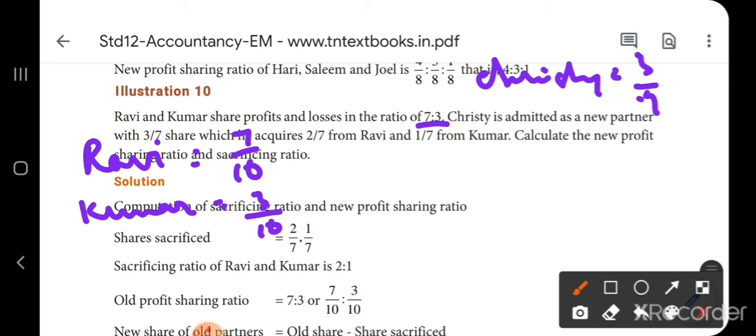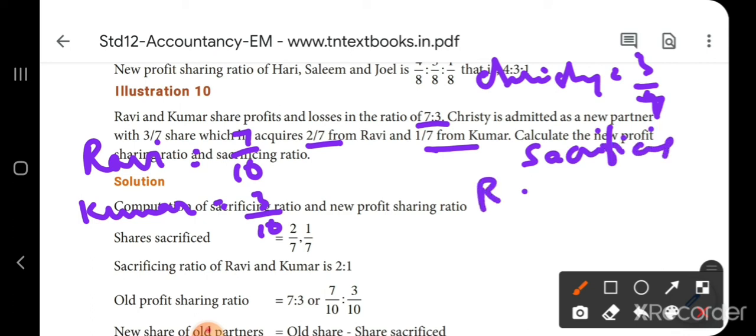Of this 3 by 7, Christy acquires 2/7 from Ravi and 1/7 from Kumar. That means Ravi is sacrificing 2 by 7 and Kumar is sacrificing 1 by 7.